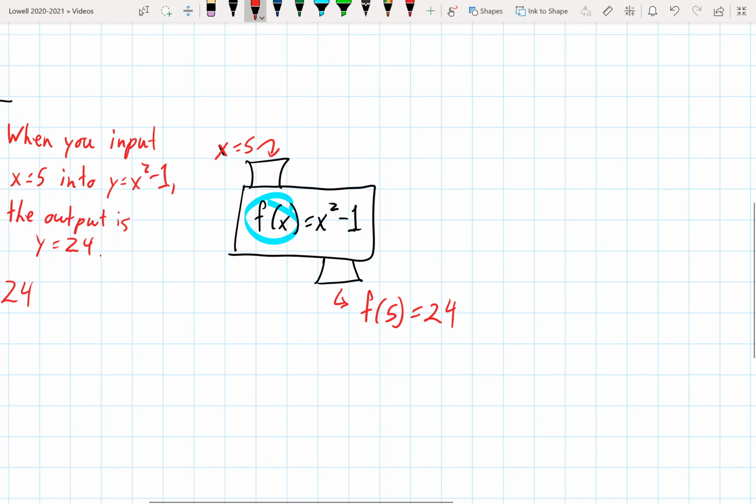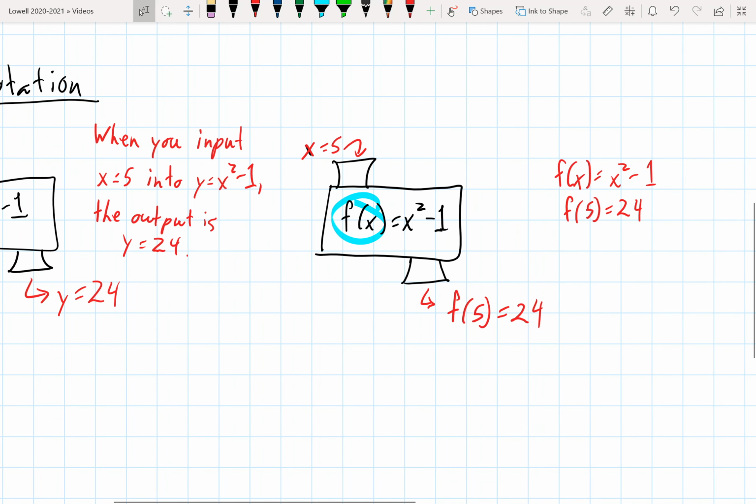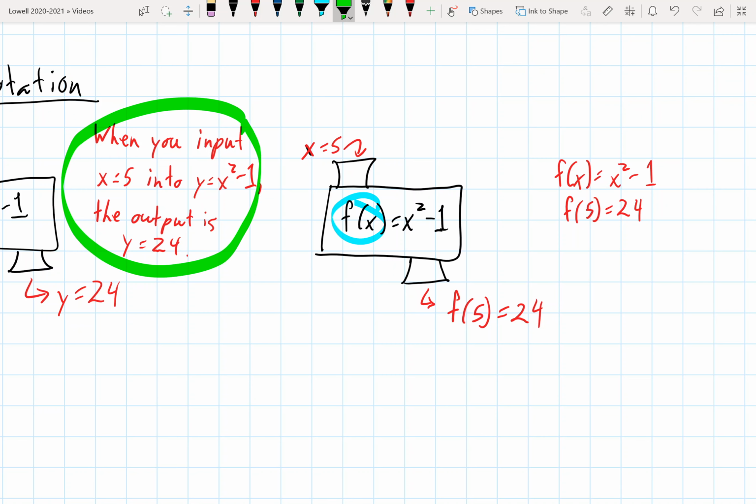So the way we would say it is f of x equals x squared minus 1. This is the rule, or the equation. And we would say f of 5 equals 24. This green sentence and these green two lines say the exact same thing.